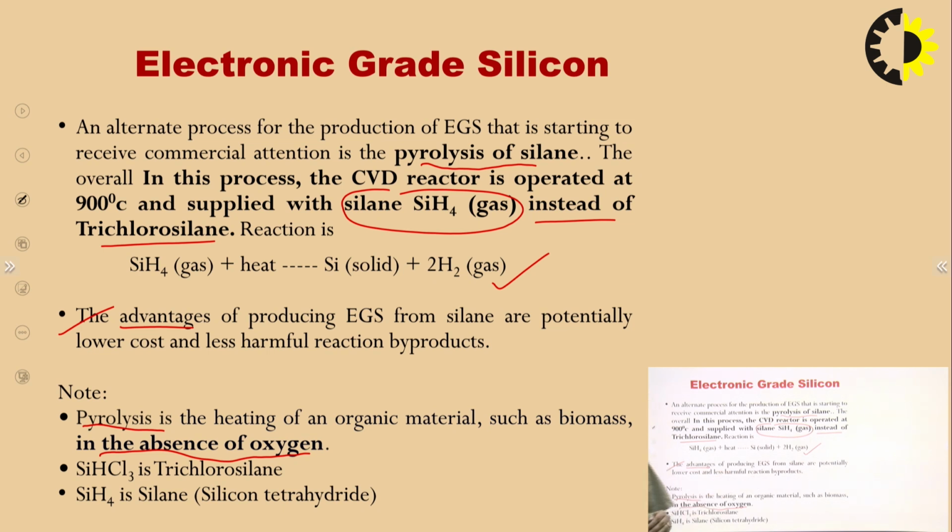The process that we use to produce EGS from silane is known as pyrolysis of silane. What is pyrolysis of silane? It is the heating of the material in the absence of oxygen. The reaction that takes place is mentioned here: SiH4 plus heat will give silicon in the solid form plus 2H2 gas.